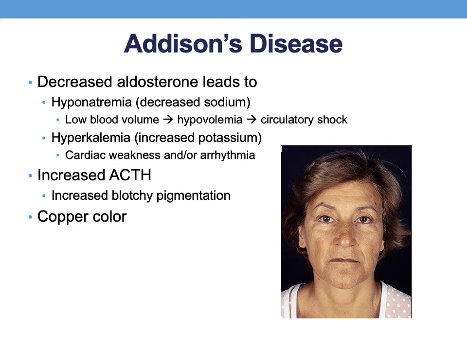It can lead to circulatory shock if you have a significant, acute drop in blood volume. And then it can lead to hyperkalemia, increased potassium, because you're not having the aldosterone kick out the potassium. And we talked about what hyperkalemia can cause: cardiac weakness or arrhythmias.